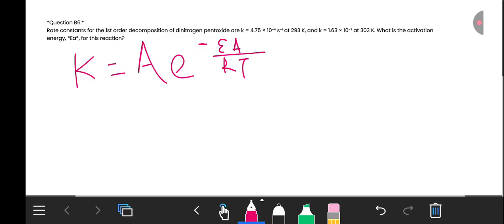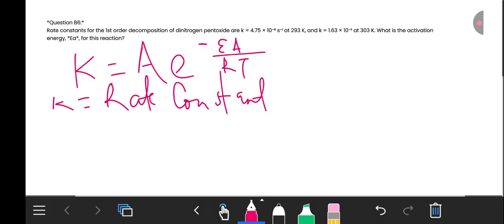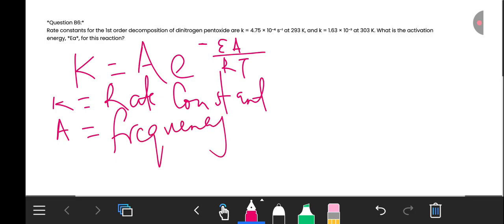So from the Arrhenius equation, k is just the rate constant, and A is just the frequency factor.